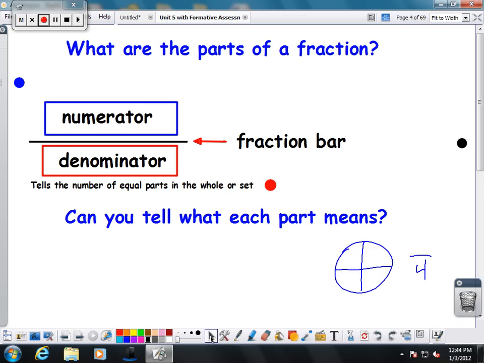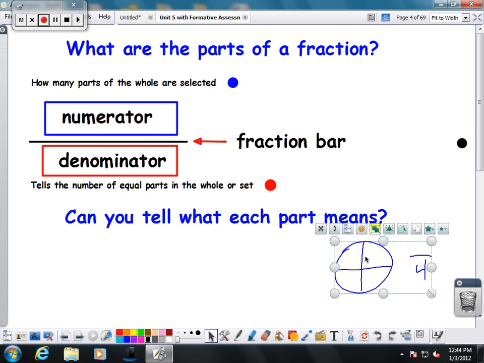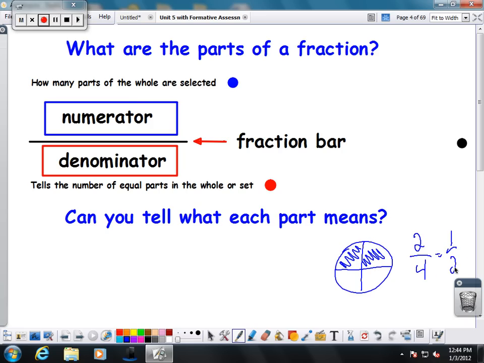When we're dealing with our numerator, the numerator is how many parts of the whole are selected. So if I eat, I'm pretty hungry, so let's eat 2 slices of our pizza. So I eat 2 of those that are selected. So 2 over 4, so I have eaten 1/2 a pizza.